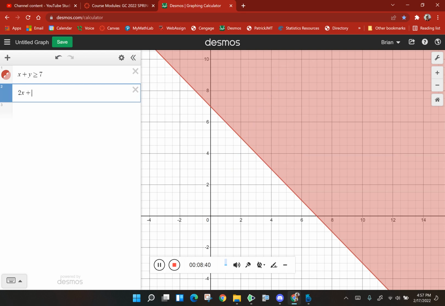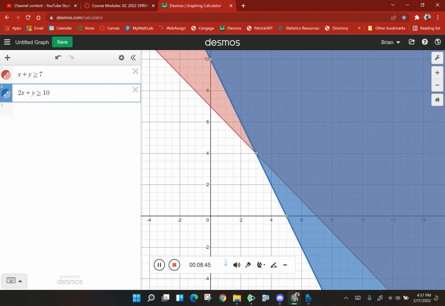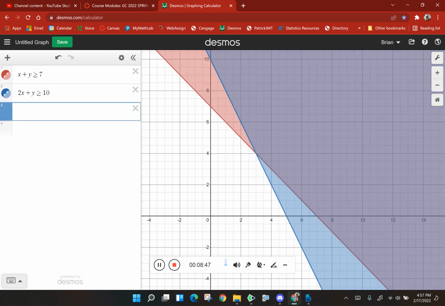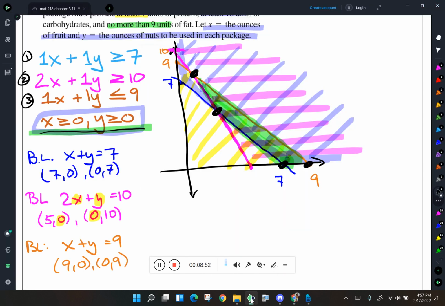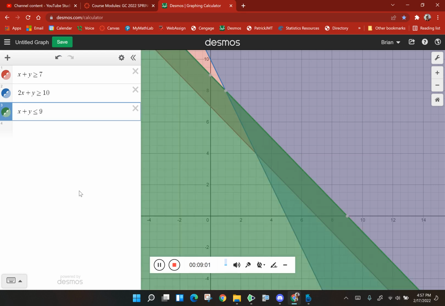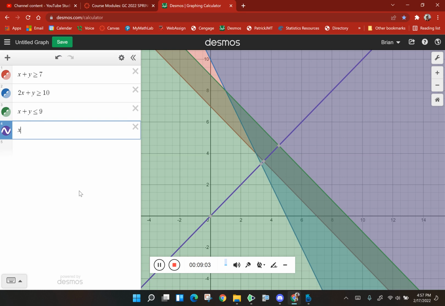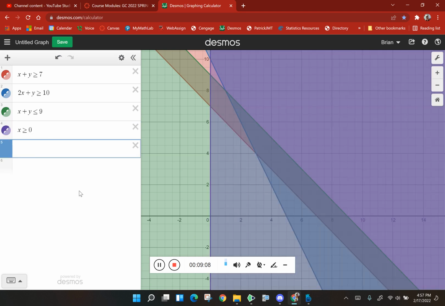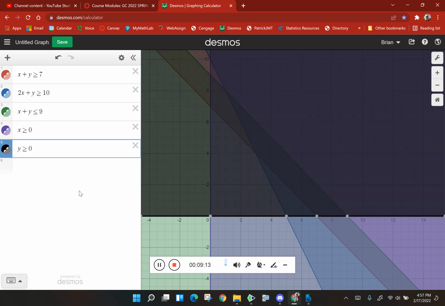And then my third inequality was, let's see, x plus y less than or equal to 9. And then my fourth inequality was x must be greater than or equal to 0. And my last inequality was y must be greater than or equal to 0.